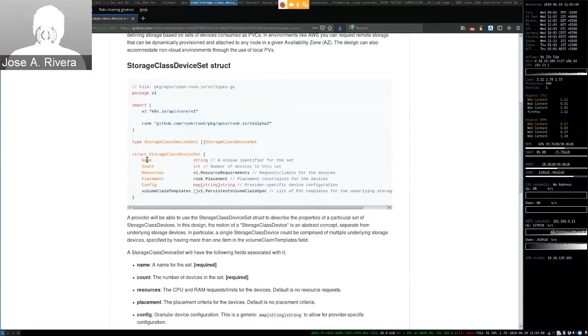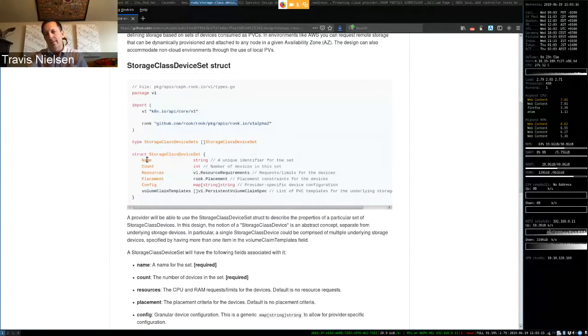Well, I do have a field right after that label named config, which is just an arbitrary map of string to string. Right, that doesn't cover these more complex types, though, which have a whole schema for defining them.